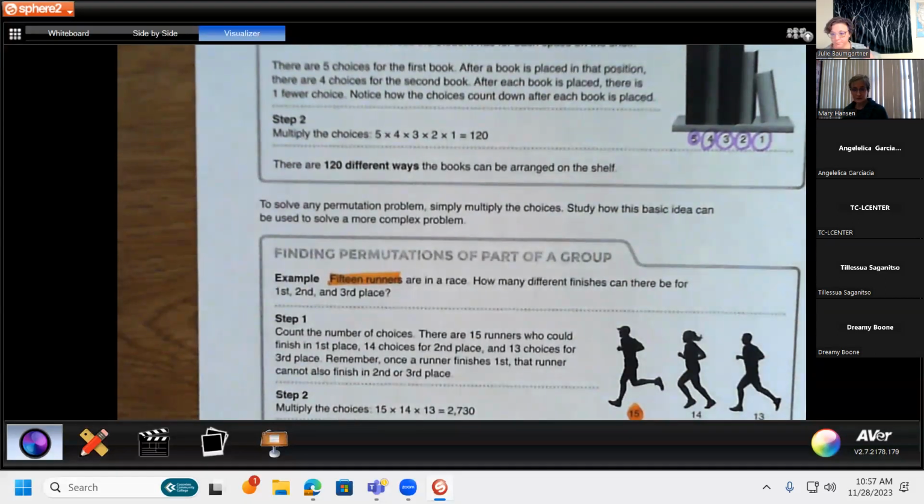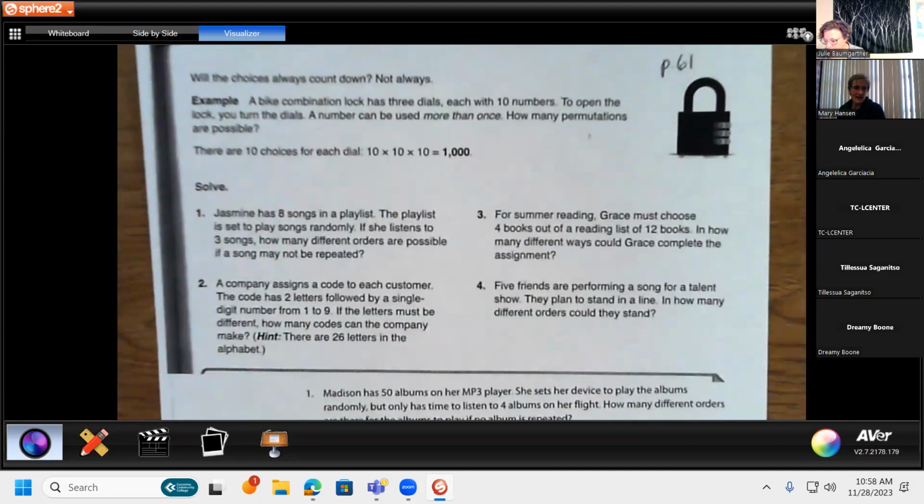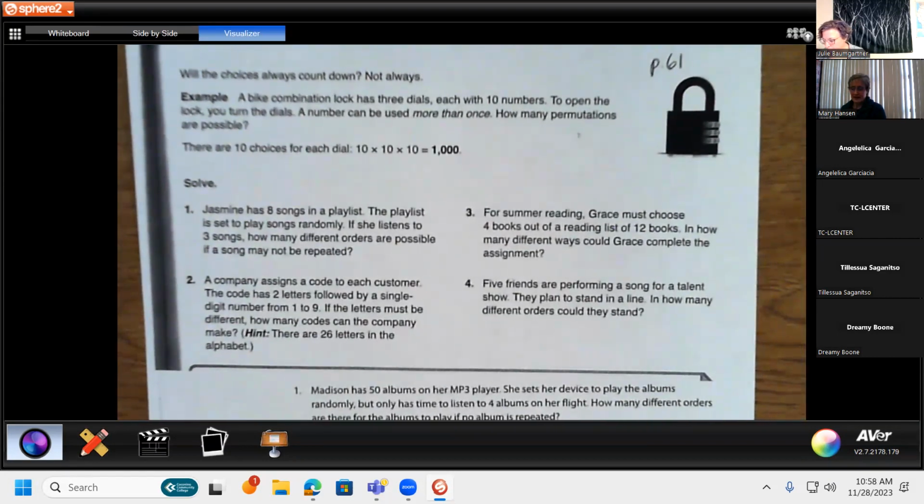Okay, the third kind of problem is like the lottery or a combination lock, or a permutation lock. For this particular example, it says a bike combination lock has 3 dials, each with 10 numbers.